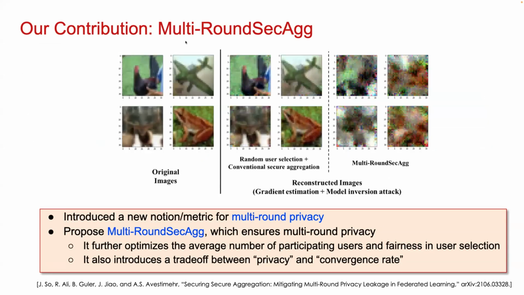Even visually, you can try to apply the same inversion attack on the estimated noisy model. On the very right side, you can see that now there is really not much that is reconstructed from the original images. So visually, you can see the privacy that you can give to the users by applying secure aggregation each round and multi-round client selection in a structured manner.